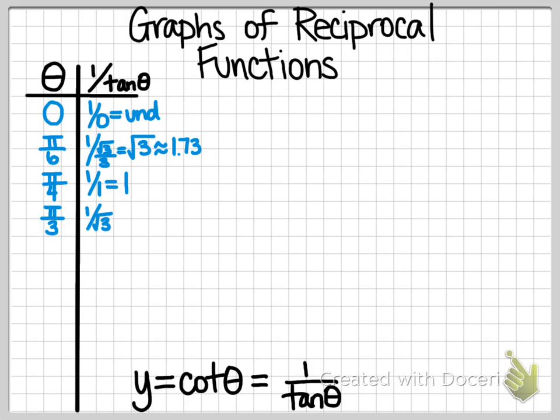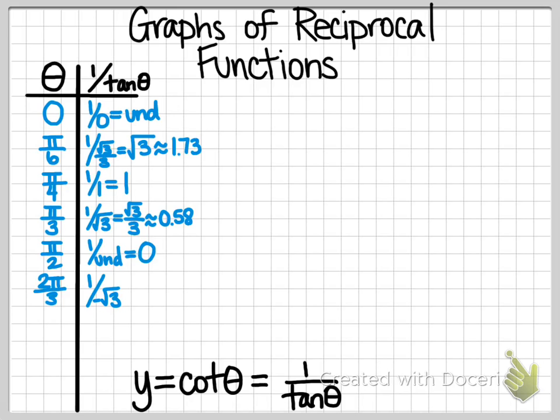Pi over 3 is 1 divided by the square root of 3, which is square root of 3 over 3, which is approximately 0.58. Pi over 2, 1 divided by undefined. The reciprocal of undefined and 0, they are reciprocals of each other, so that is going to be 0.